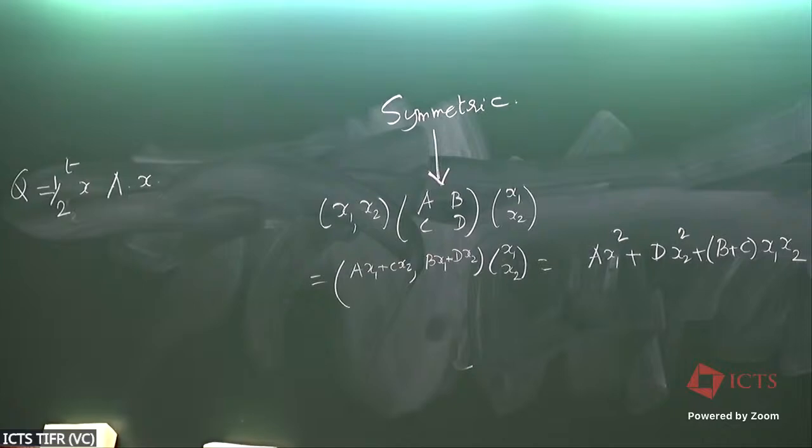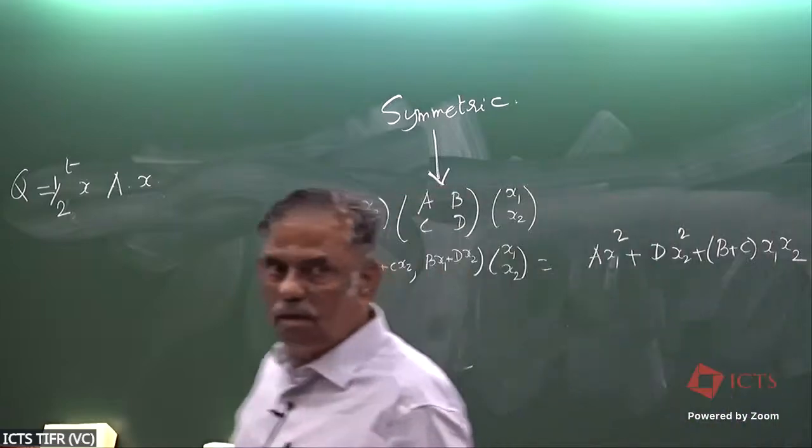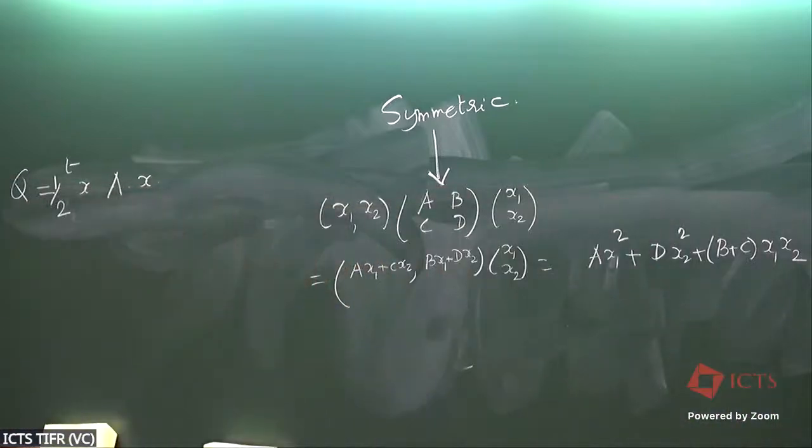The quadratic form Q is equal to half times X transpose times A times X. I don't want to write the bar, because the bar I have already used in situations of the inverse modulo C and then complex conjugate.